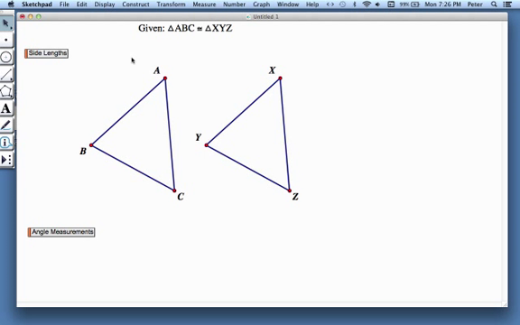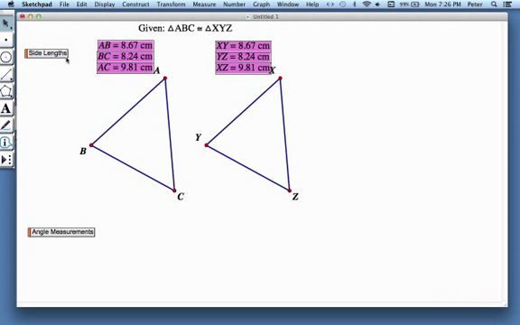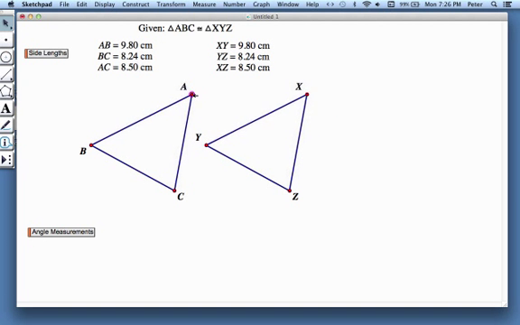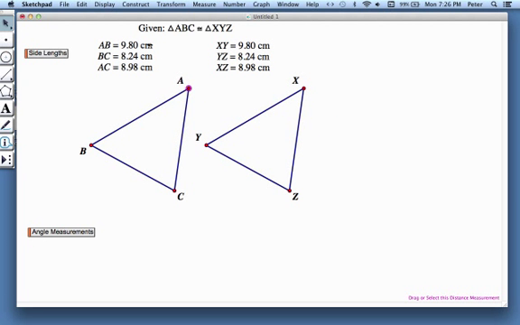And that means that the corresponding sides will all have the same length. So here you can see AB is congruent in length to XY, BC to YZ, AC to XZ. No matter how I manipulate one triangle, since they're congruent triangles, the corresponding sides' lengths remain the same.